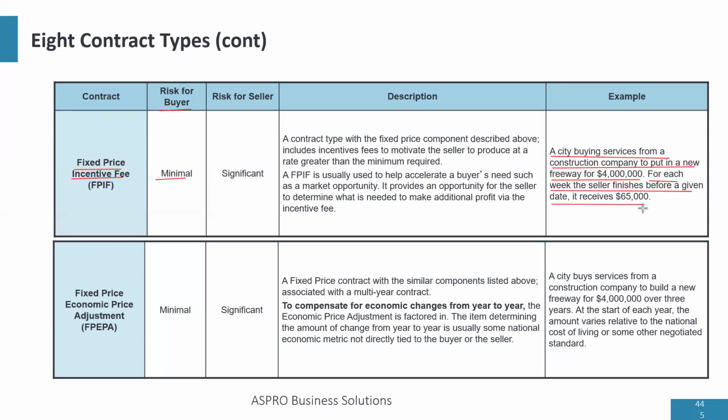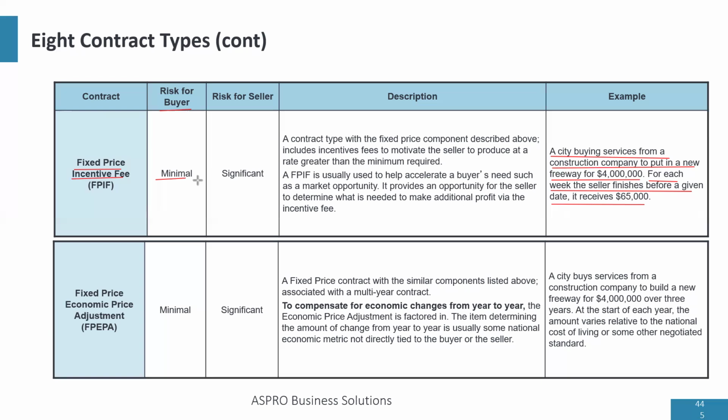So let's say that the due date is December 1st and they finish November 1st, and that's roughly 4 weeks. So that means that the vendor not only gets 4 million, but gets 4 million plus 4 times 65,000, which is 260,000, because they were able to beat the deadline by 4 weeks.